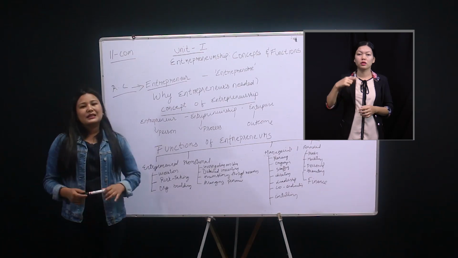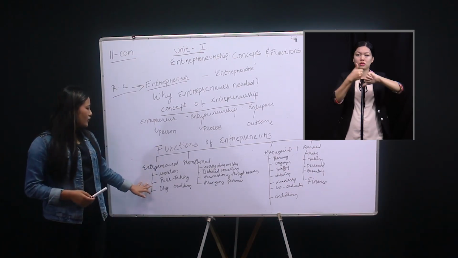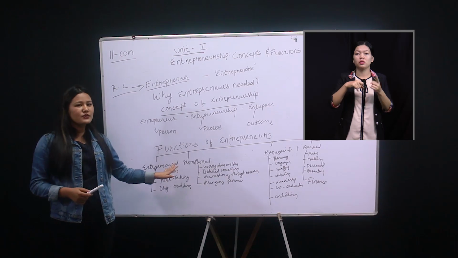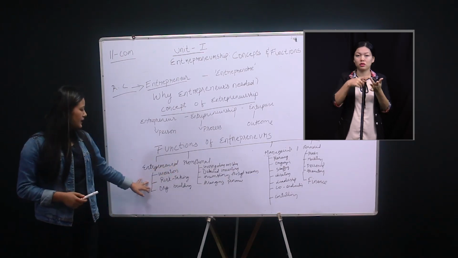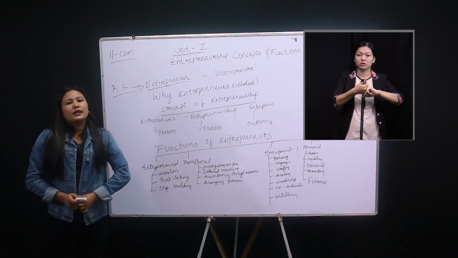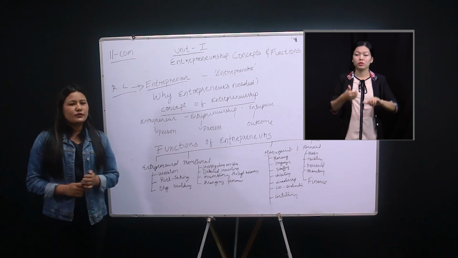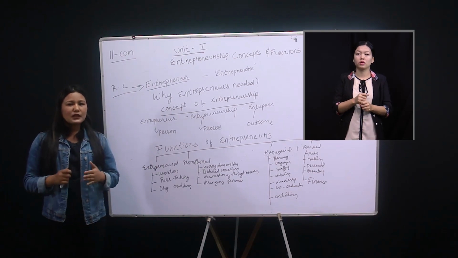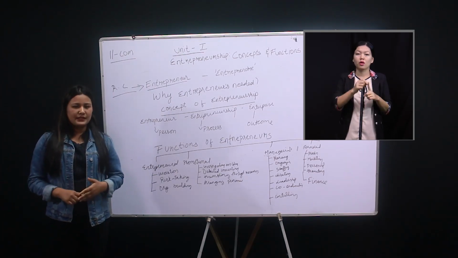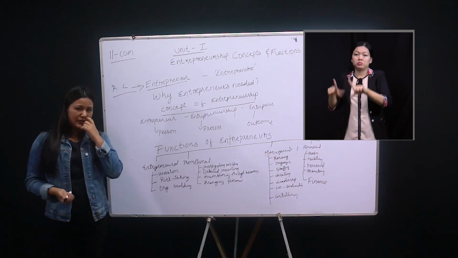Next is risk taking. The second of the entrepreneurial functions is risk taking. An entrepreneur should be a risk bearer, because profit is the reward for bearing risk. We have to step out of our comfort zone.